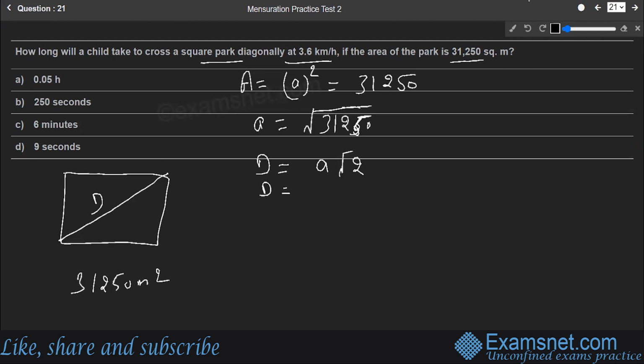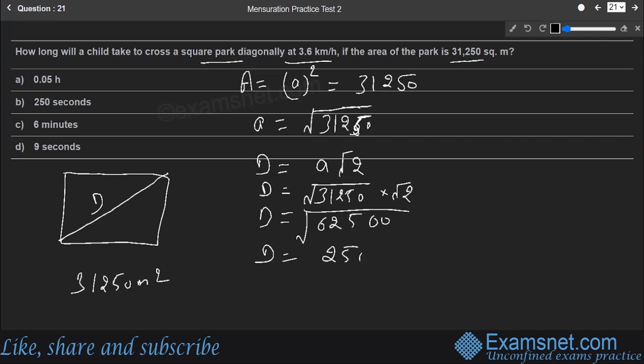So diagonal of this square will be under root of 31,250 into under root of 2. This can be done by multiplying the things inside, so it's going to be 62,500. If we solve this further, diagonal is the under root of 62,500, that is nothing but 250. So that is the length of the diagonal.